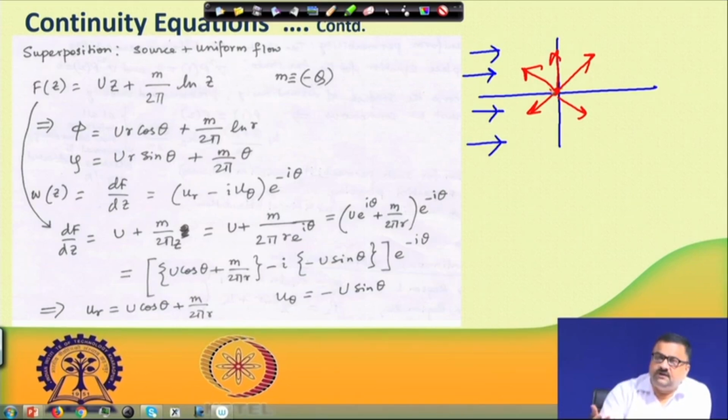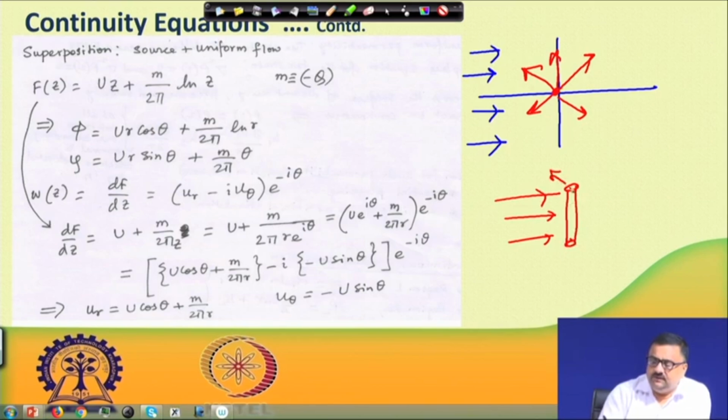So, in a 3-dimensional sense, I have a uniform flow going on, and simultaneously we have a well through which we are disposing some water, and the water is flowing in this direction.